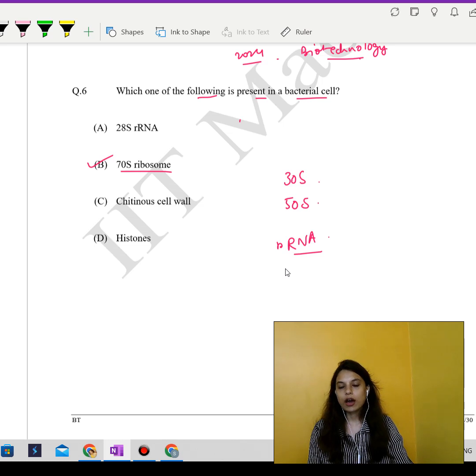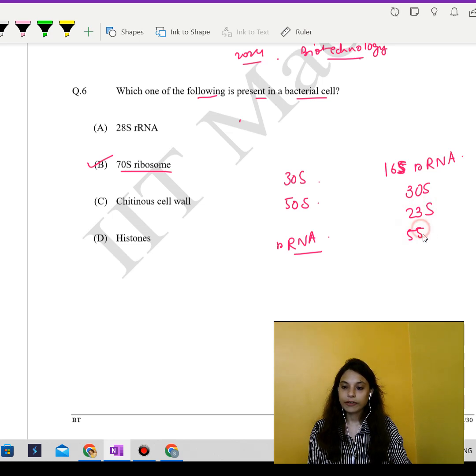A bacterial 70S ribosome contains 16S rRNA in the 30S subunit, and the 23S and the 5S rRNA in the 50S subunit.